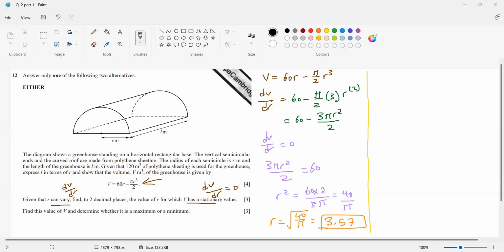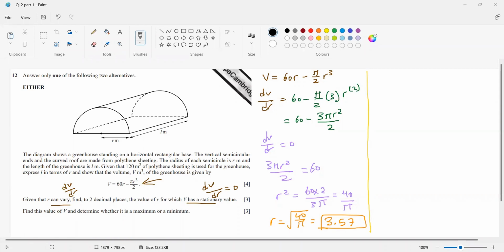Now how do we determine whether V is a maximum or minimum? The general idea is, now that we found the stationary value, we evaluate the second differential, then put the r value inside to see whether it's positive, meaning a minimum, or negative, meaning a maximum. The other thing is, to find the value of V, we need to put r into the original equation.